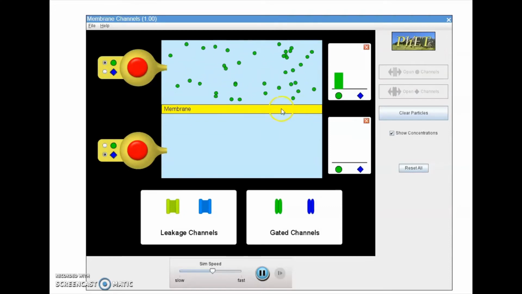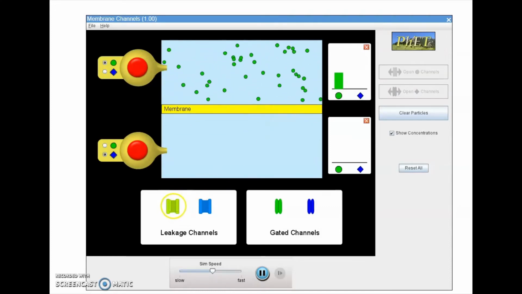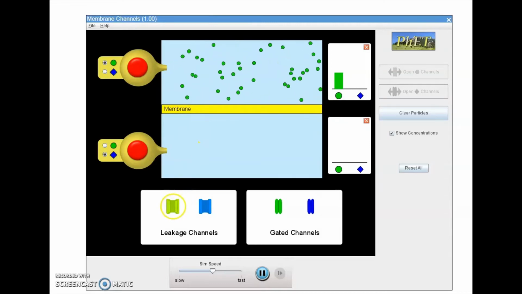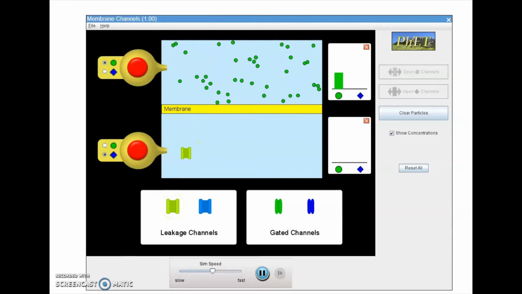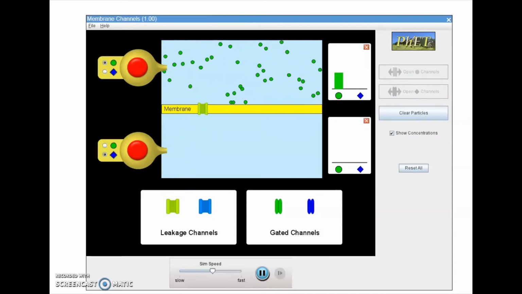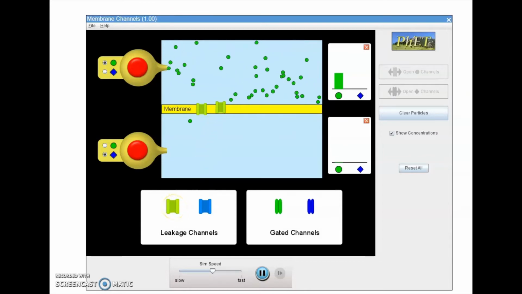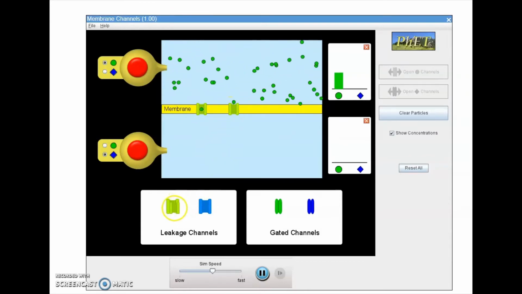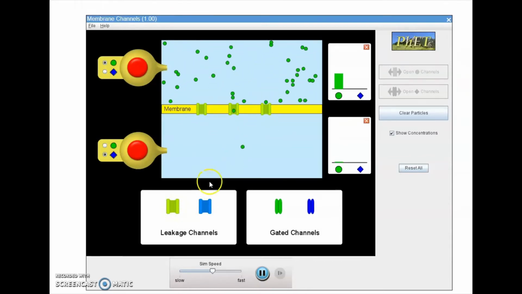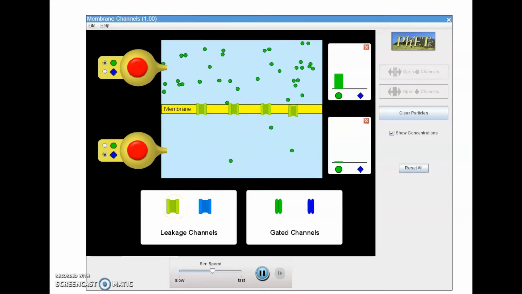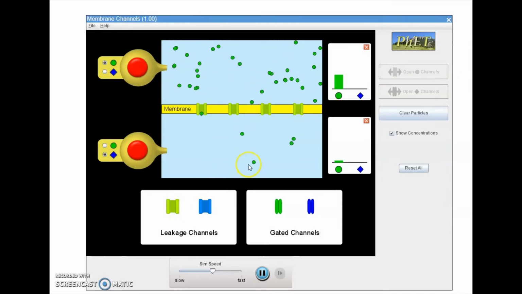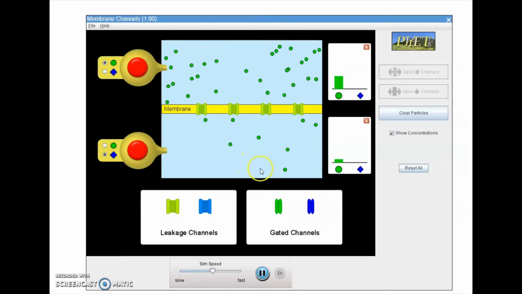This yellow thing is the membrane. We're going to put some channels in so that the green can cross the membrane. This would be a passive diffusion. The cell would not need to have any energy expended to complete this.